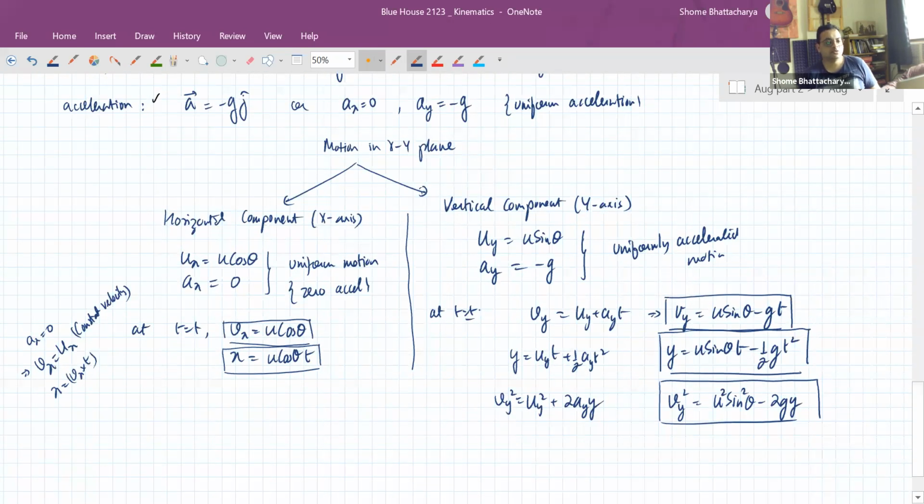So having divided the motion into the two components, the horizontal component and the vertical component, you can see that the horizontal component of motion is described by these two equations, and the vertical component of motion is described by these equations. This is the vertical velocity as a function of time. This is the vertical displacement as a function of time, and similarly this and this are horizontal.